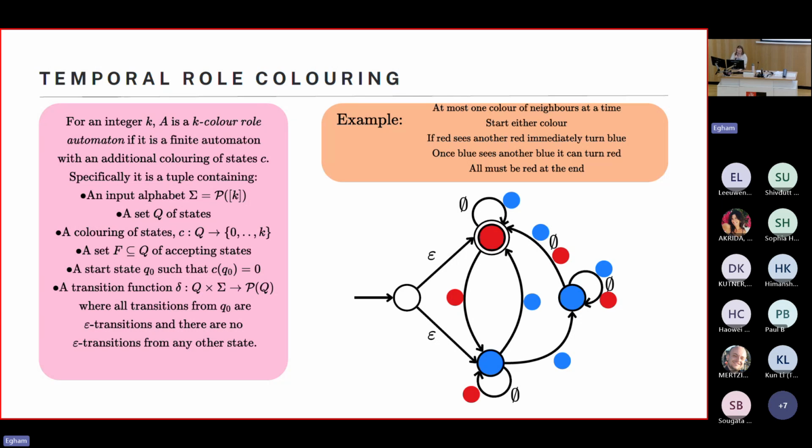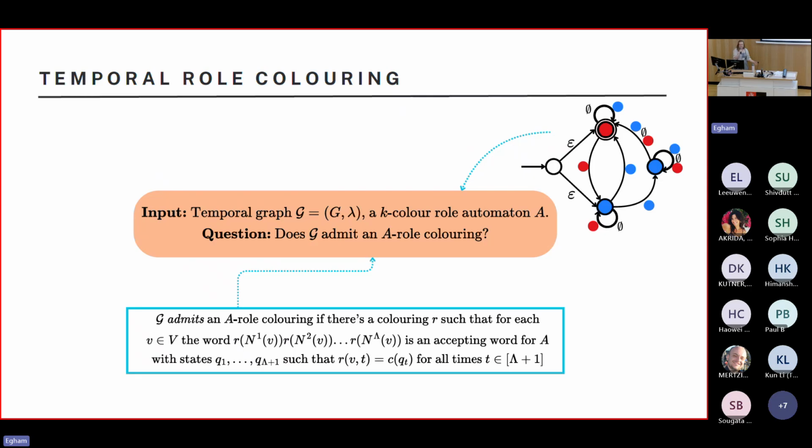And what does it mean to be colored by the automaton? Well, our temporal graph admits an A role coloring if it has a temporal coloring, so that's a coloring that assigns a color to every vertex at every time. So the vertex might be a different color at each time, such that for every vertex, the word made up of the set of colors in its neighborhood at time 1, the set of colors in its neighborhood at time 2, all the way to the set of colors in its neighborhood at the final step in the lifetime, is an accepting word in the automaton.